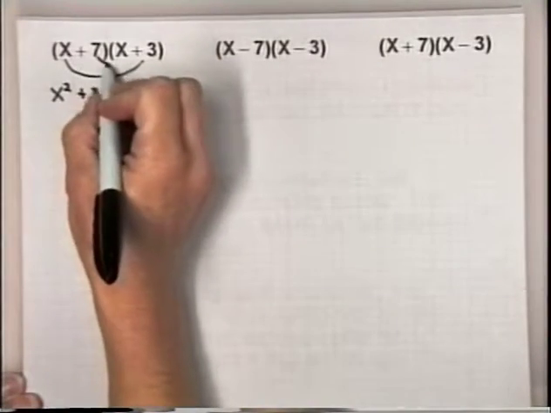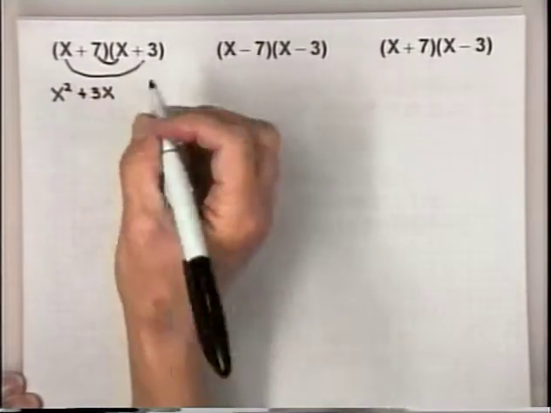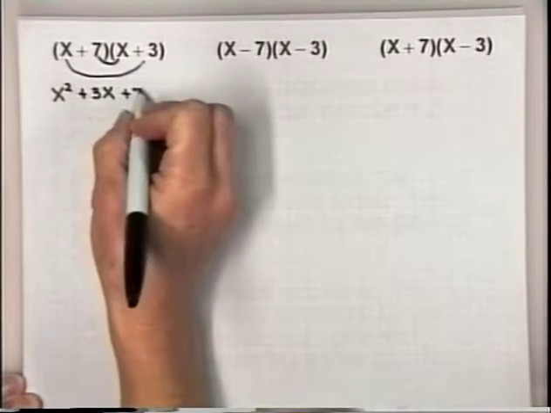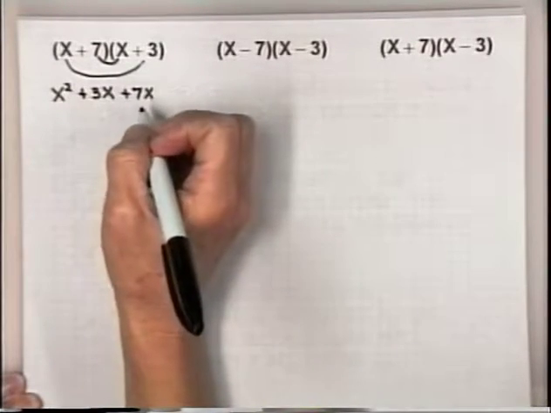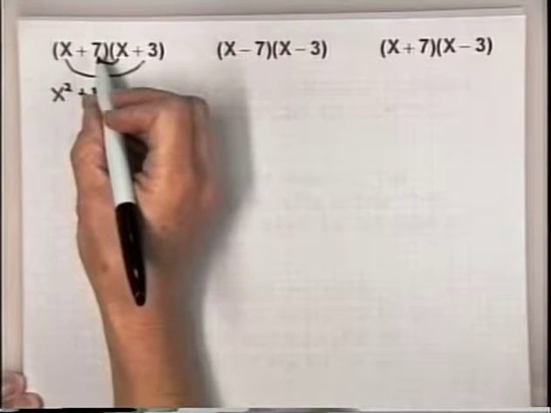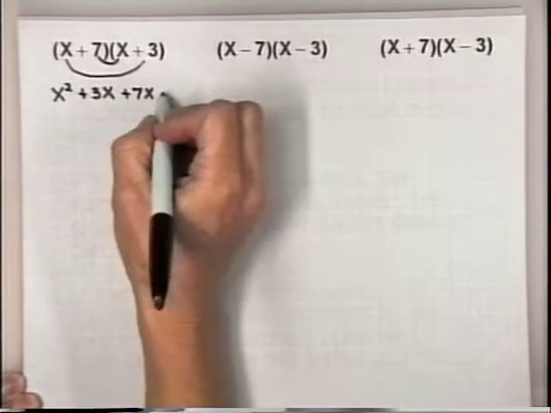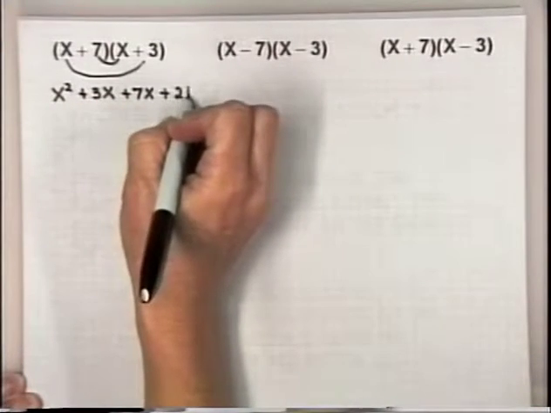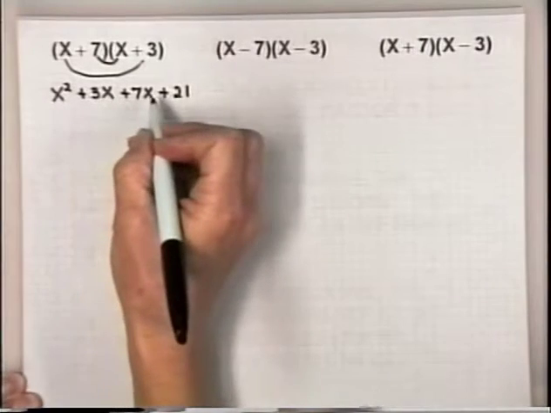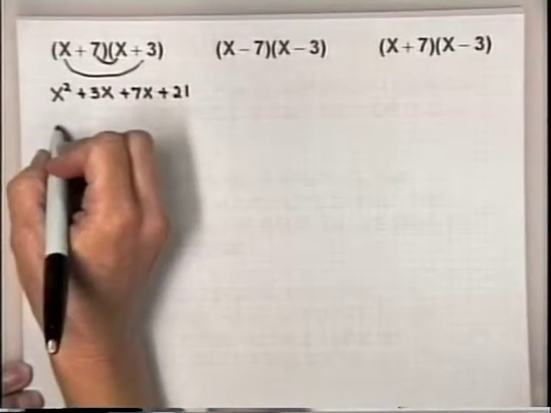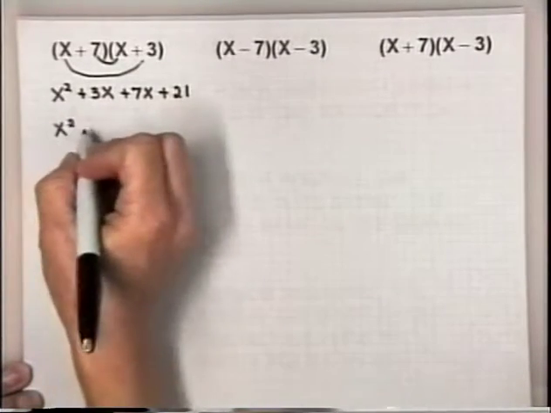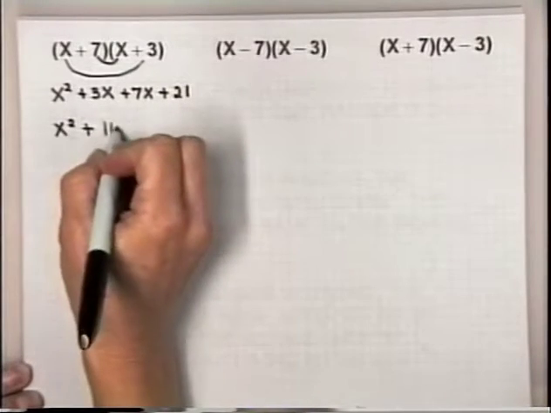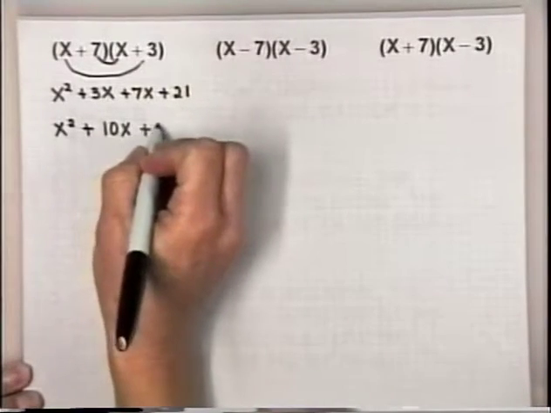The inside terms, positive 7 and x, give us a product of positive 7x. And then the last terms, 7 times 3, gives us a positive 21. Adding our 2 like terms here in the middle together, we have a product of x squared plus 10x plus 21.